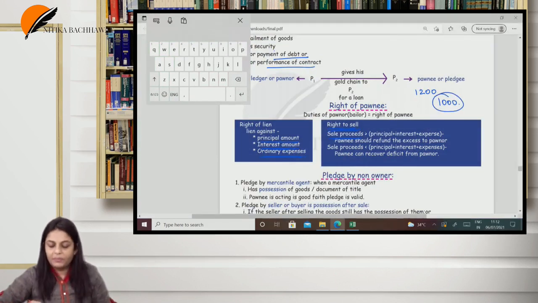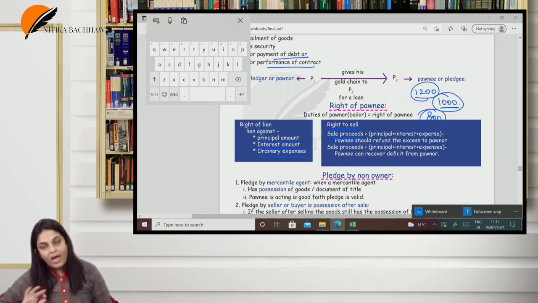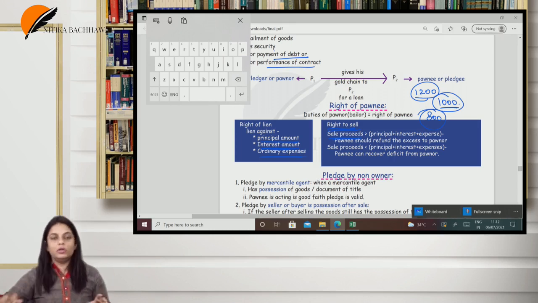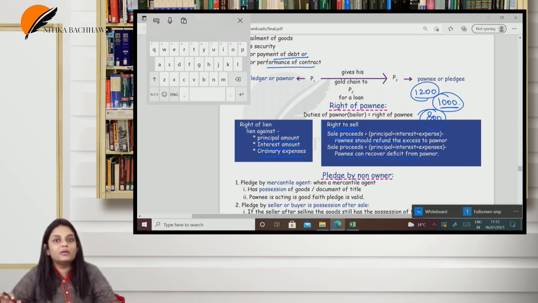I can only keep 1000. The 200 I have to give to you. On the other hand, if I have to receive 1000 and the sale price was only 800, I will retain the 800 and I will also sue you for the 200. So if the sale proceeds are more, the pawnee should refund the excess. If the sale proceeds are less, the pawnee can recover the deficit from the pawner. I hope it is clear to everyone.